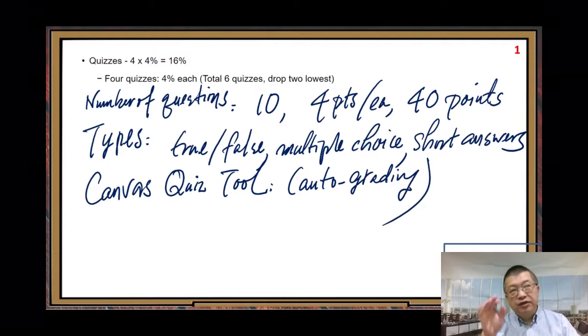After I enter all the answers, this tool will use my answer information to grade your quizzes. But after you submit your quiz, you can see the score for that quiz, but you cannot see which one is correct, which one is wrong. Because I do not want to expose that information before the deadline.